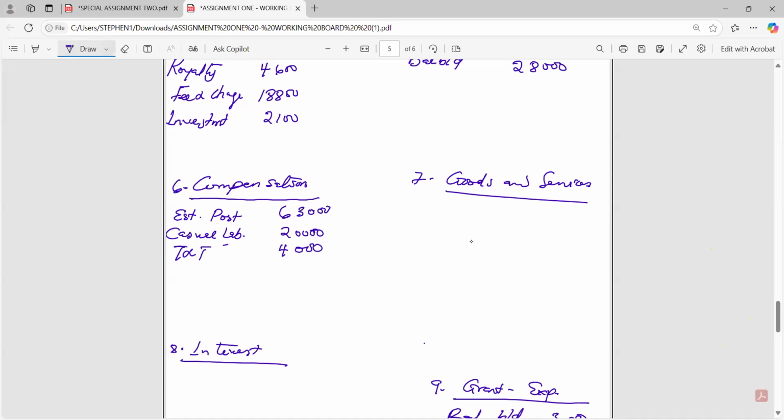We have utility allowance, which is what? 2,500. We have car maintenance allowance. It's because of the allowance I'm bringing it here. Other than that, it would have been goods and services. Good. Then we go to goods and services.